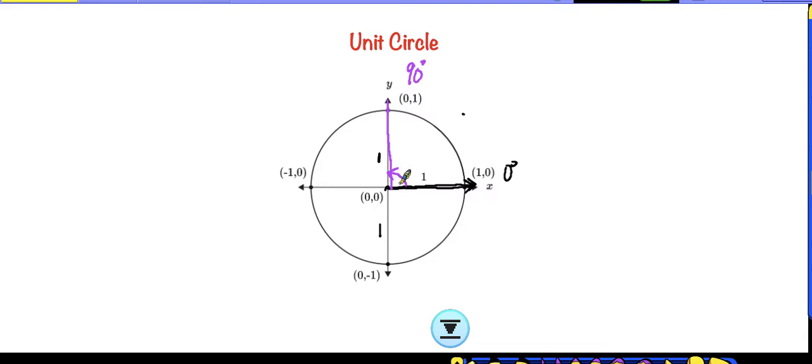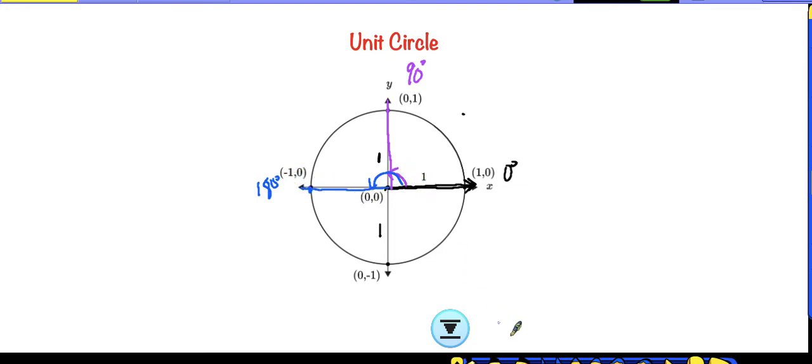And let's continue drawing here. I continue drawing here, which is what? 180 degrees. 180 degrees is negative 1, 0, again just because the terminal ray intersects the circle at this point, and this point has coordinate negative 1, 0.